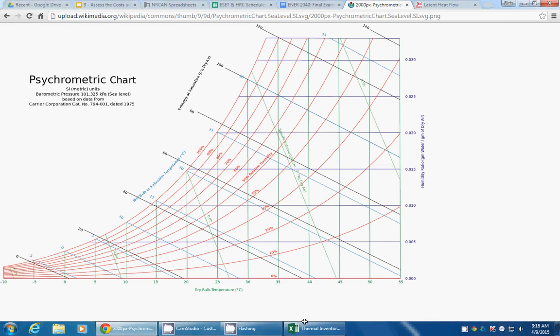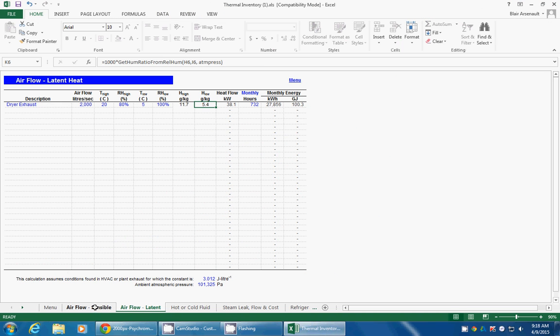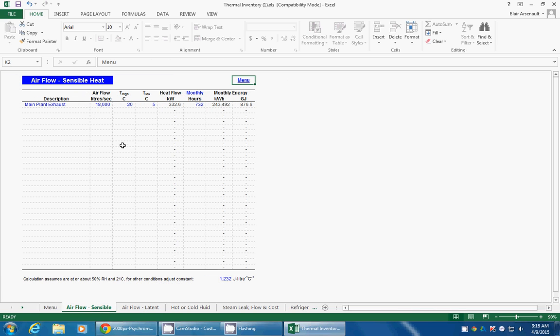Okay, but thankfully, if we look at this, we also have airflow sensible on this. That just doesn't factor in humidity at all. No, it doesn't factor in humidity at all. But we know that at a higher temperature, air can hold more moisture.